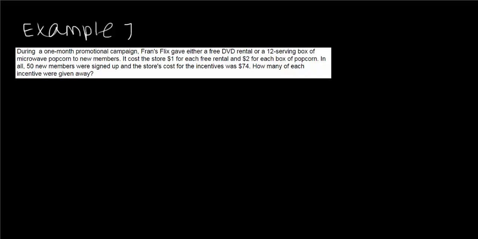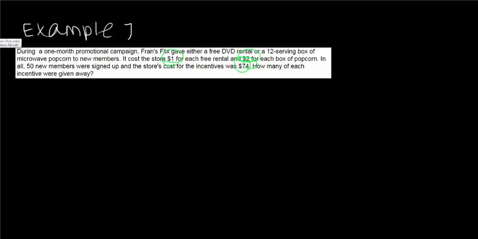So we need to know how many popcorns were given out and how many DVDs were given out. What I'm going to do is create two equations. One's going to be a money equation. Let me circle where I see money. I see money here for the DVDs, I see money here for the popcorns, and I see a total right here.